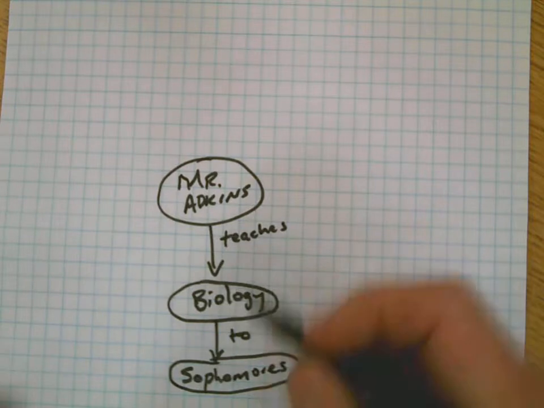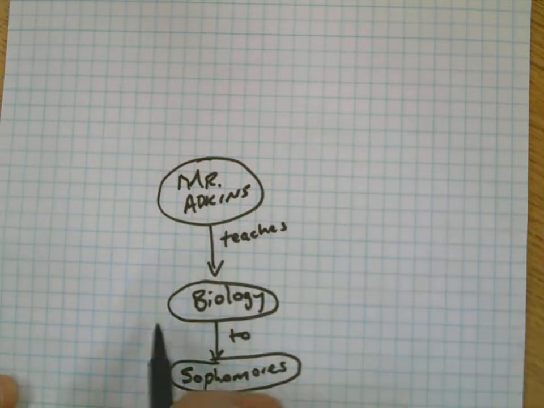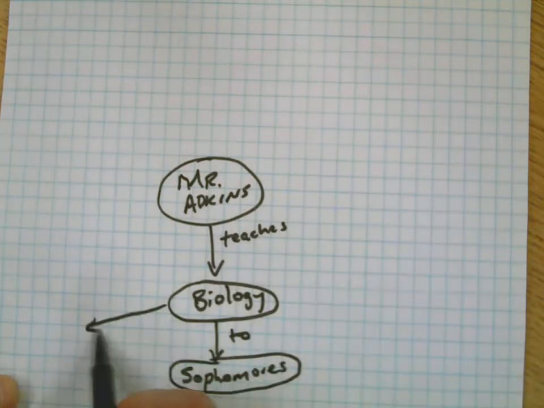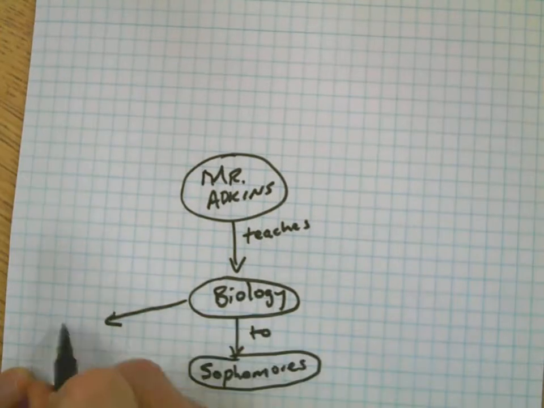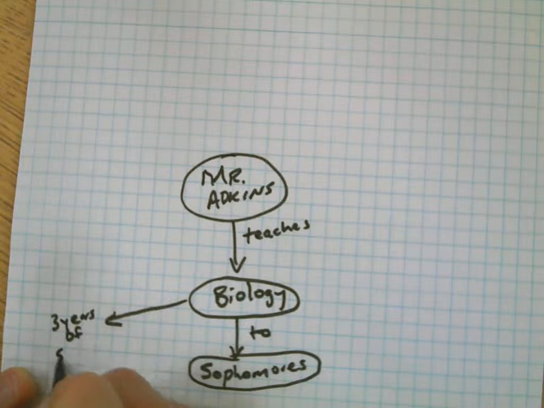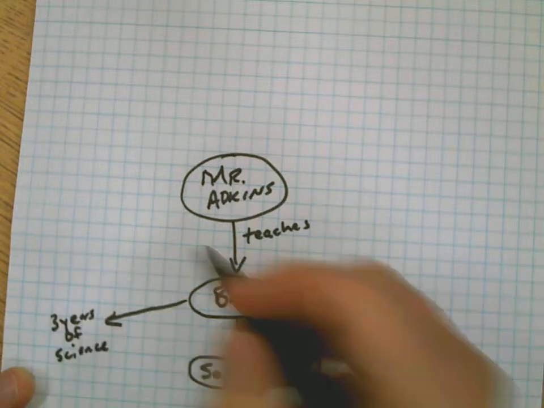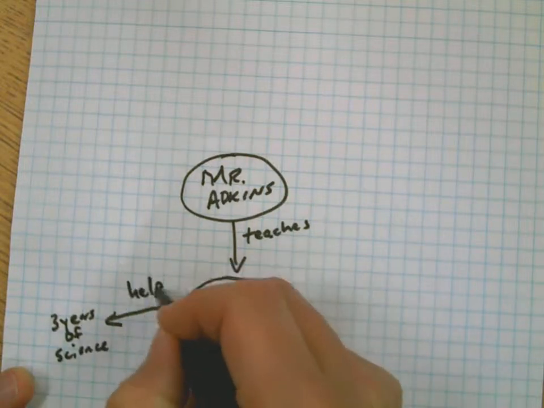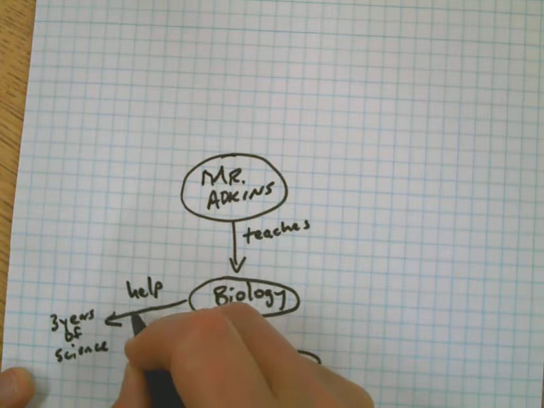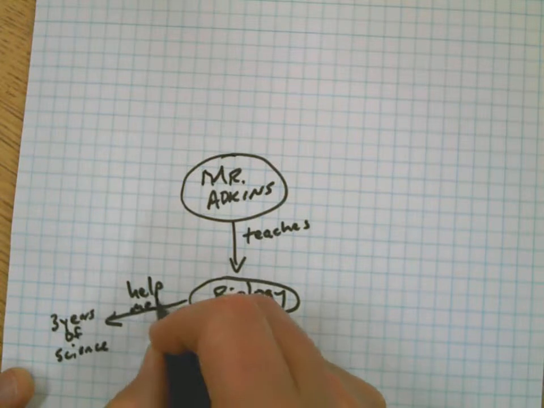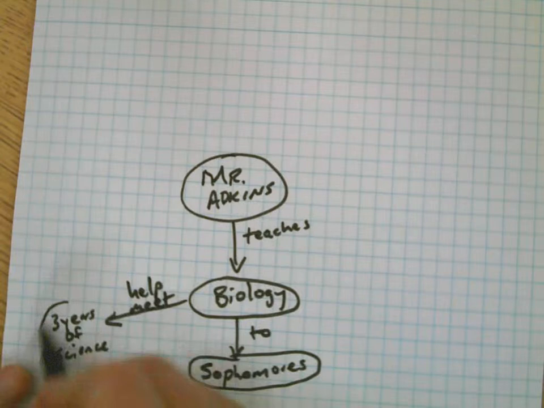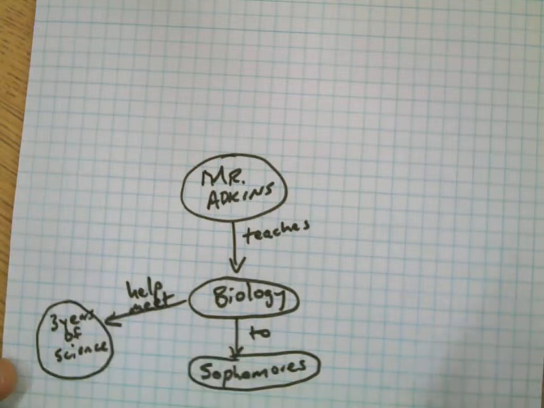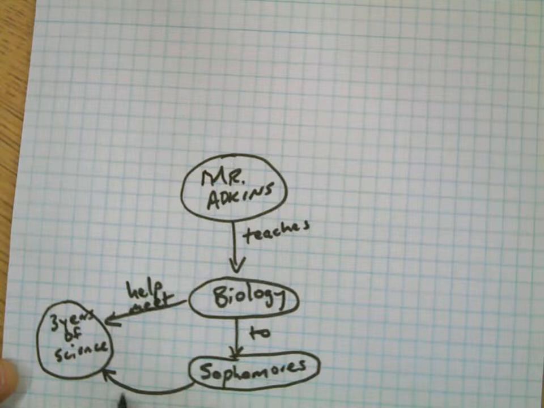I'm helping meet those requirements of 3 years of science. And then these sophomore people need that to graduate. So I'm going to write that in there. Need to graduate. Oh, awesome.